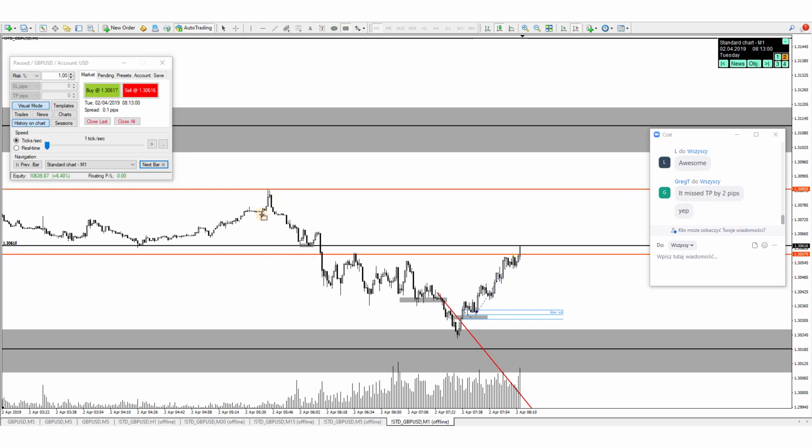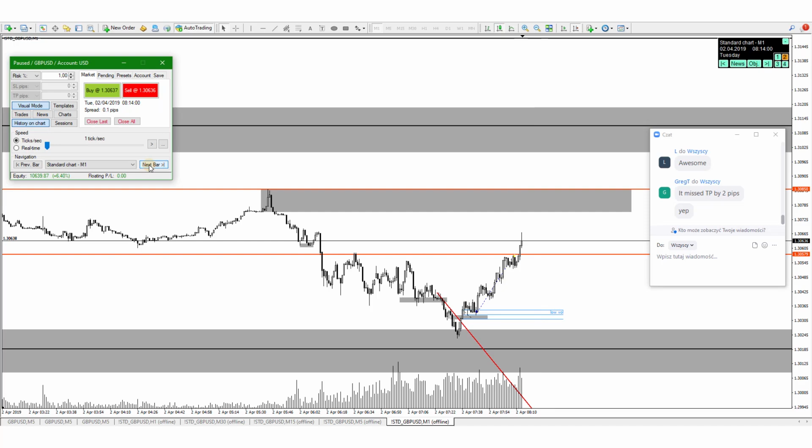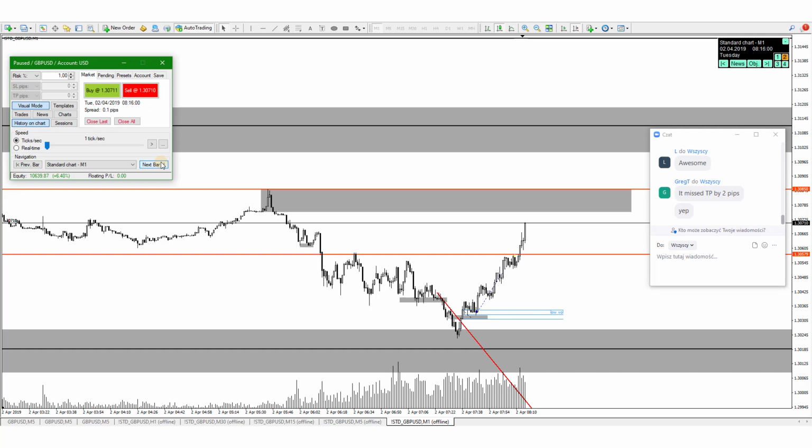I would mark this also as the 2 days supply, like this. Yeah, still some pips. Here is also another supply, but price came here with very high volume. I believe it will be broken. Too many supply zones. Strange. Oh yes.